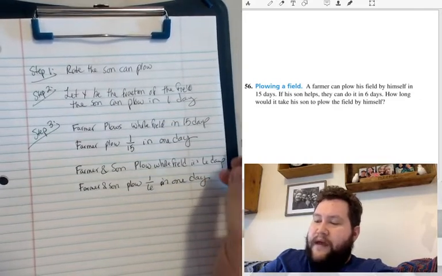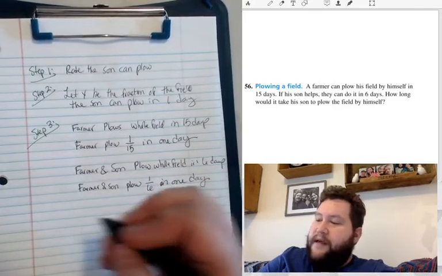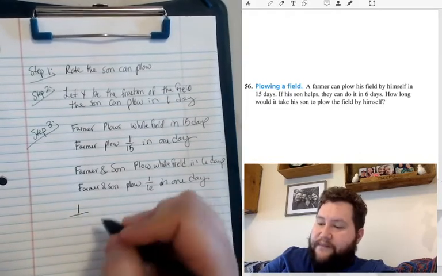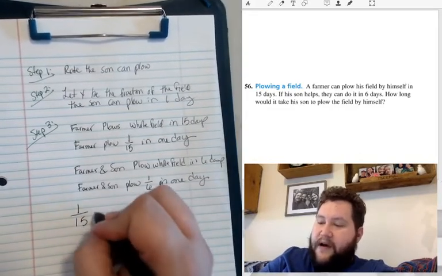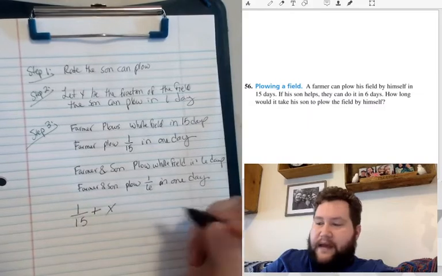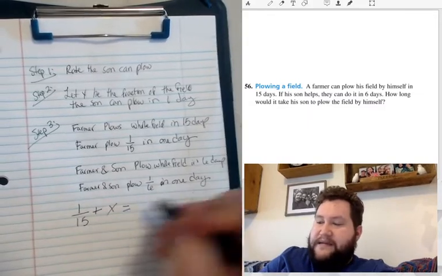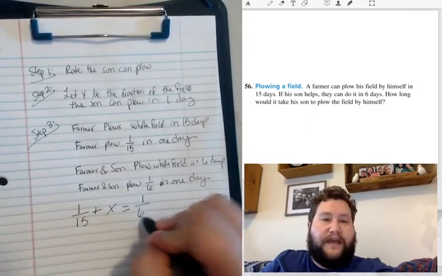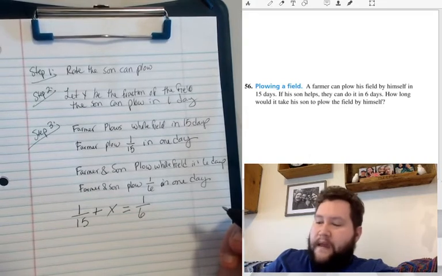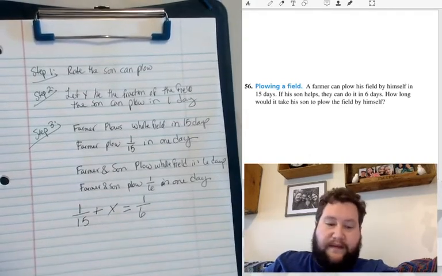And so we know that the farmer plows a 15th plus however much the son can plow in 1 day has to be 1/6 of the entire field each day. And so that is step 3.